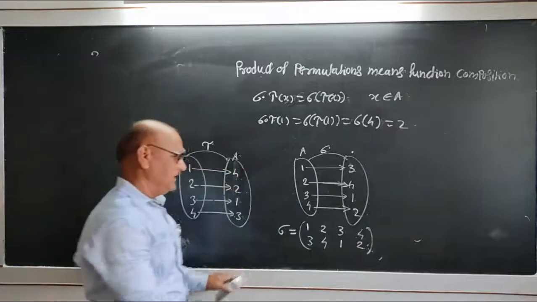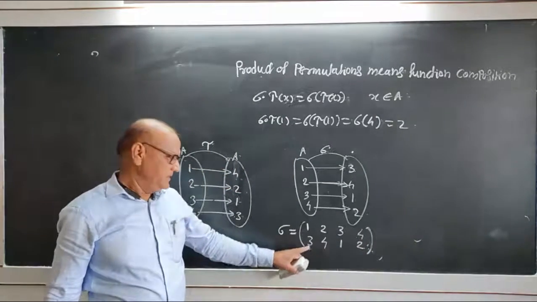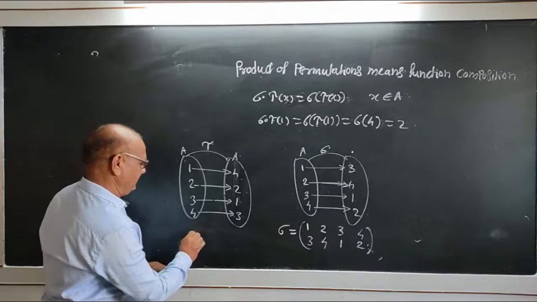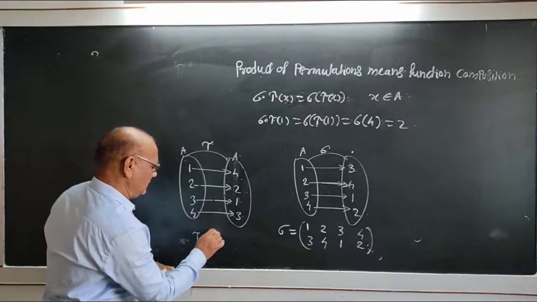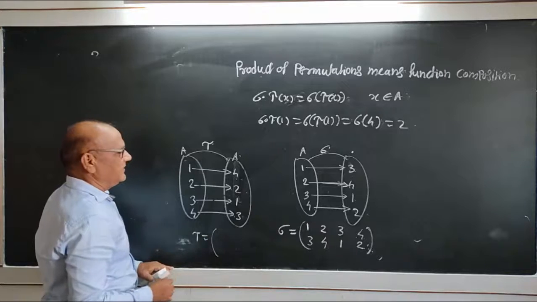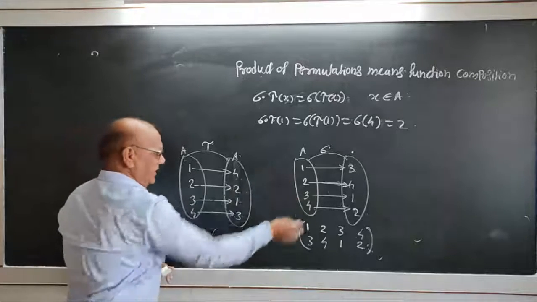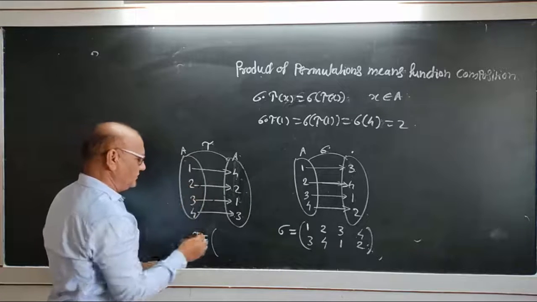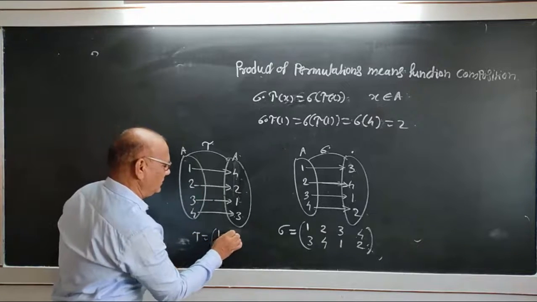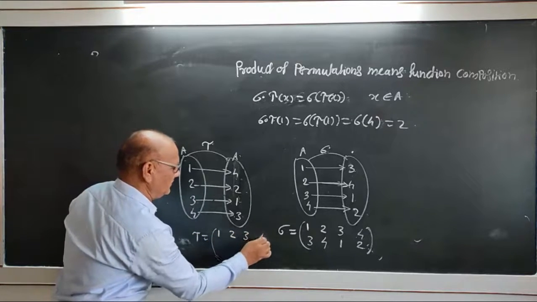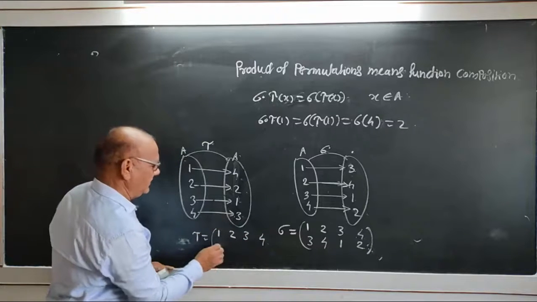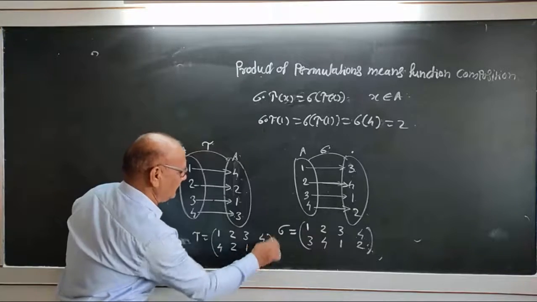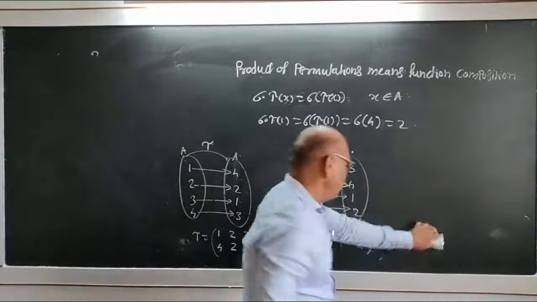This is matrix notation. Similarly tau, omitting arrows and converting columns into rows: 1, 2, 3, 4 over 4, 2, 1, 3. So now the product.